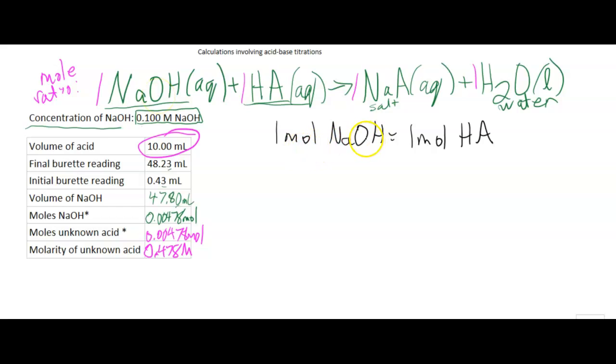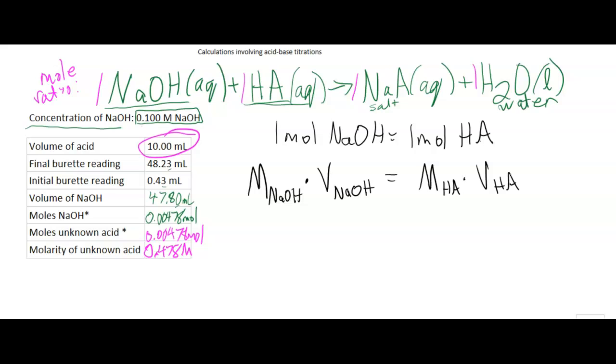To find our moles of sodium hydroxide before, we multiplied the molarity of our sodium hydroxide times the volume of our sodium hydroxide. To find the moles of our HA, if we knew the molarity of HA, then we could do that as well: molarity times volume of HA.